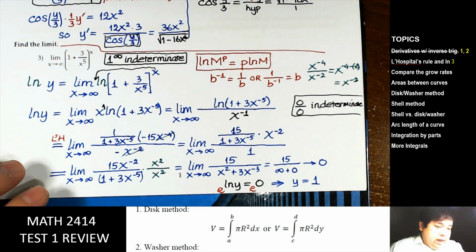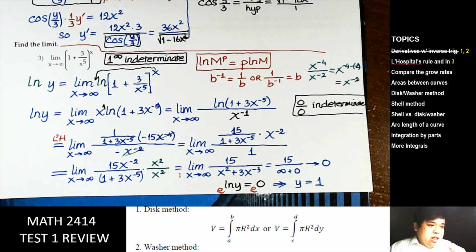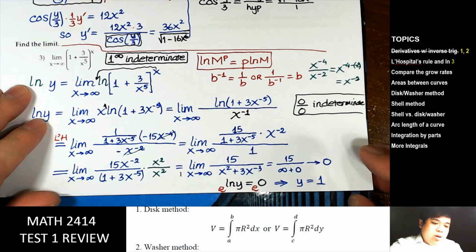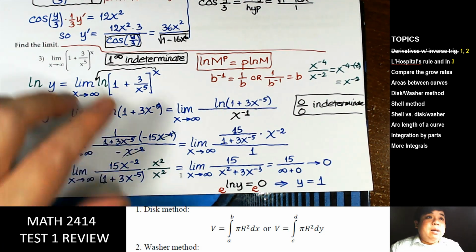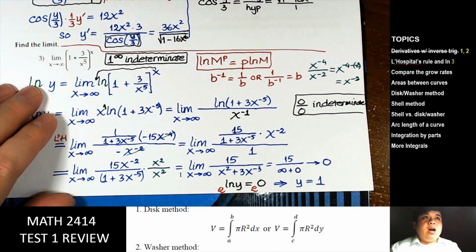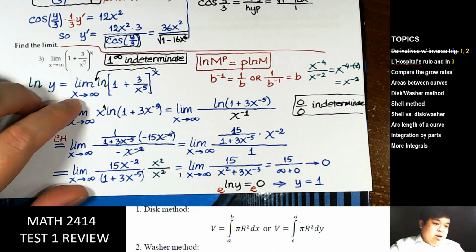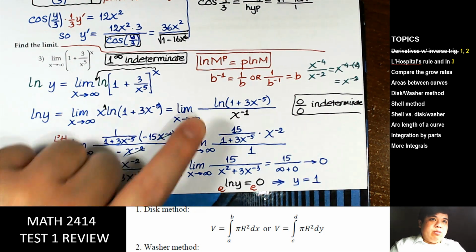So if it is in the 1 to the infinity power, or 0 to the 0, or 0 to the infinity, something like that, if it is indeterminate involving the power, we'll take ln on both sides and then try to get the fraction, a ratio of two functions.